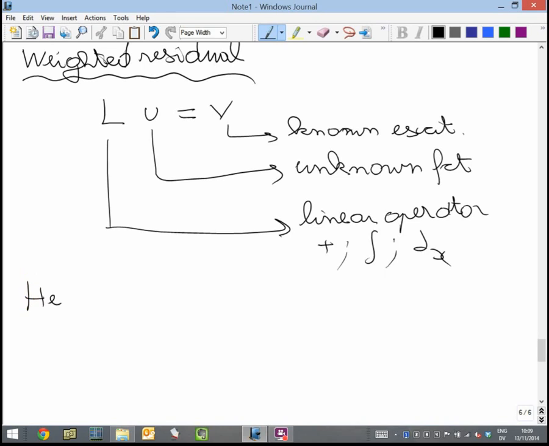If we apply this formalism to our friend the Helmholtz equation, so what is, for example, V in the Helmholtz equation? The right-hand side is equal to 0, that we've discussed. So V is equal to 0. U is, of course, equal to our field function, which in the scalar case we called phi or psi, whatever. And what is the operator corresponding to the Helmholtz equation?